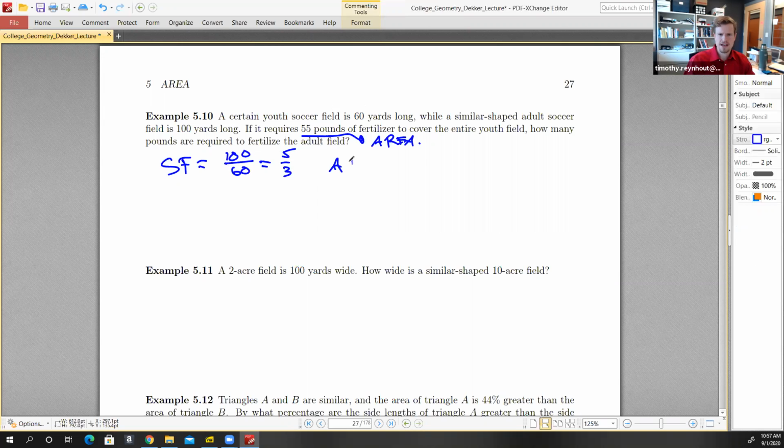That tells us that the area factor is equal to 5/3 squared, or 25/9. So that gives us our area factor. So we take our 55 pounds of fertilizer, which represents the area, and we multiply by 25/9 to give us 153.